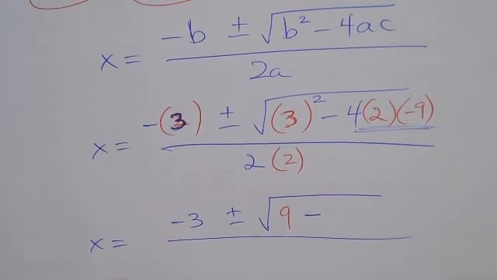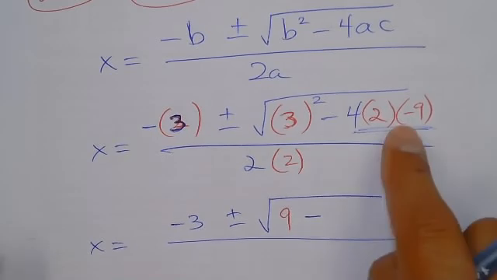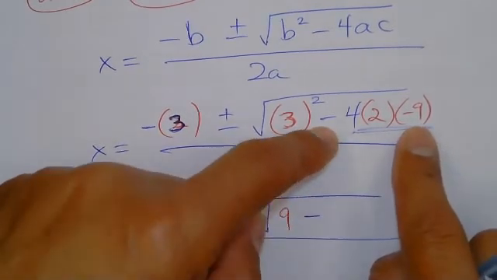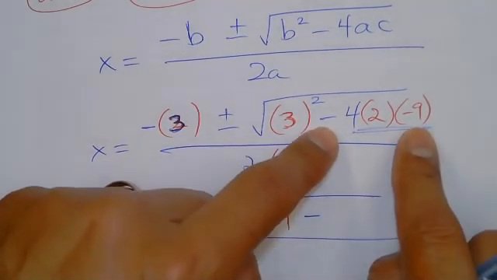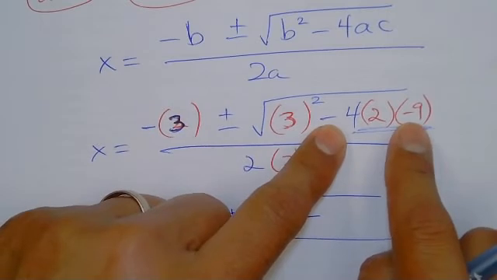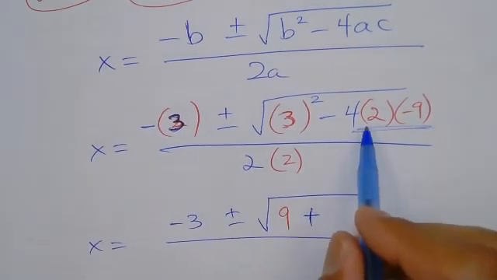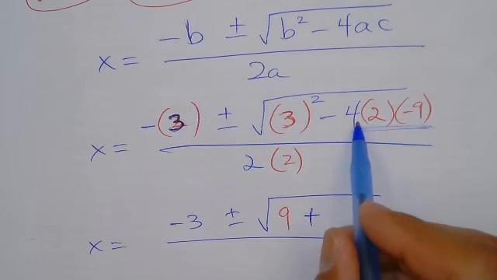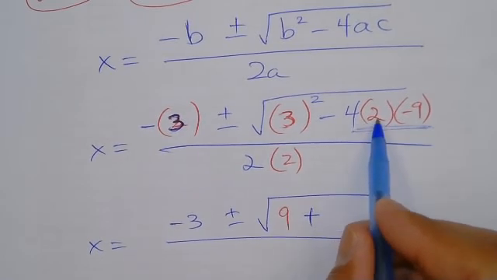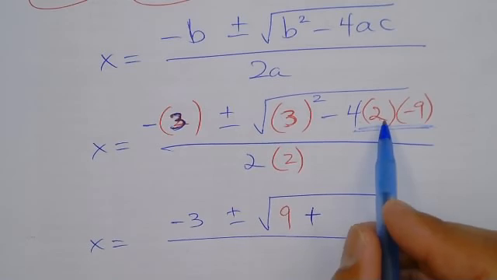You guys agree this negative and this negative is going to make it plus? Can we jump that a little bit right there? Is everybody cool with this negative and this negative will be plus? Yeah. Okay, I think we can. Let's go ahead and make that a plus.